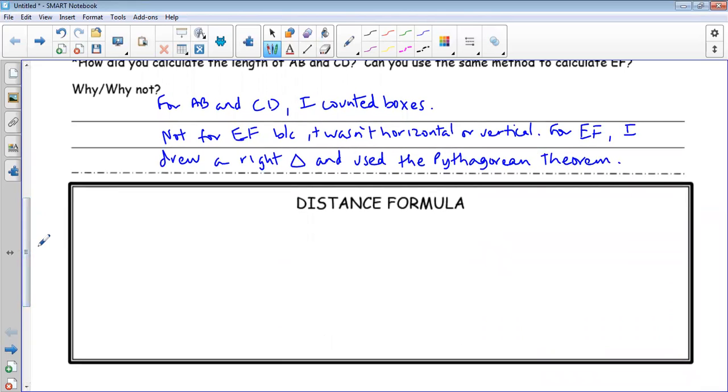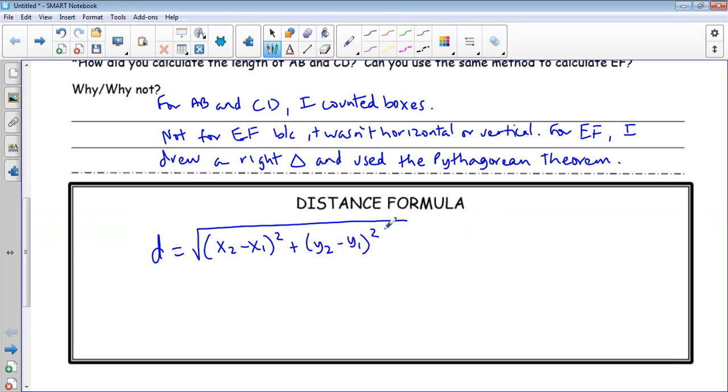Now, the distance formula is actually derived from the Pythagorean theorem. So the distance formula is as follows. D is equal to the square root of x2 minus x1 squared plus y2 minus y1 squared.